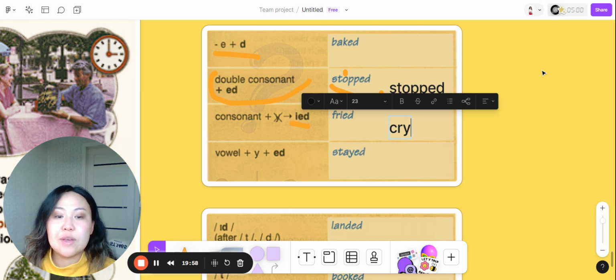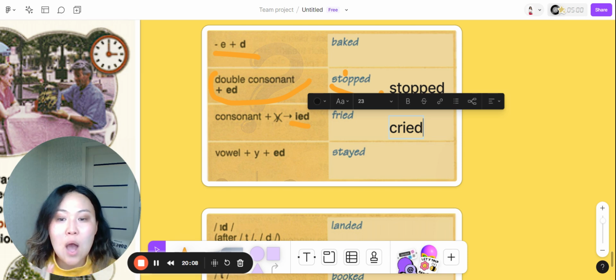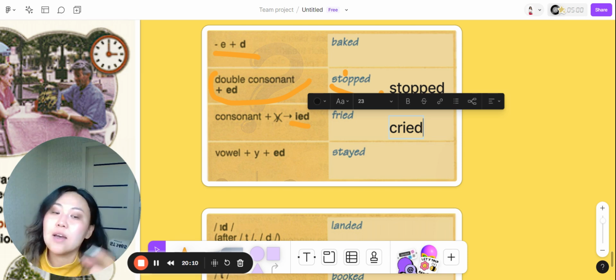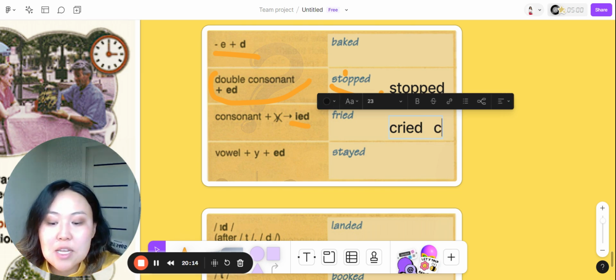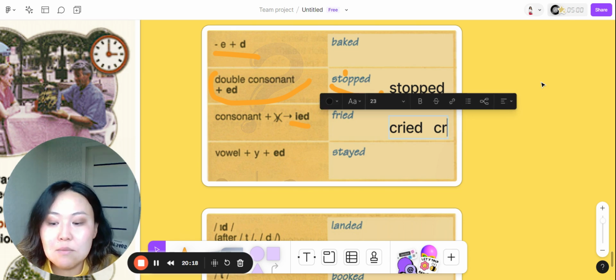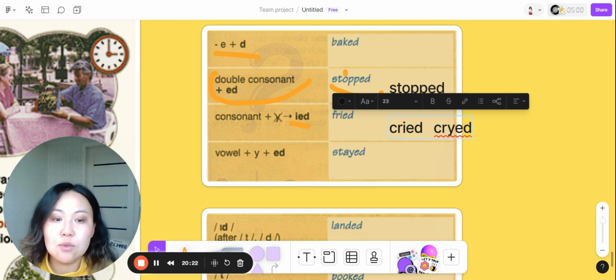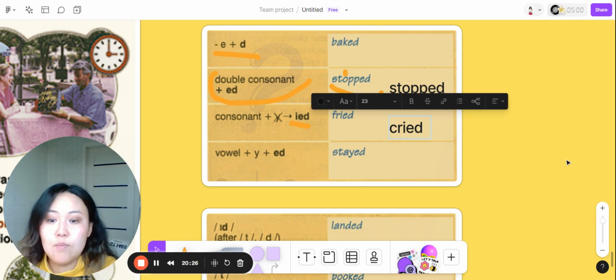It finishes with Y, but before this Y, we have the consonant R. That's why we need to change it into I, E, D. So our Y changes into I and we add ED. Why does it happen? Because if we just add ED or yeah, D, it'll not be cried, but it'll be something else. So it's kind of wrong.